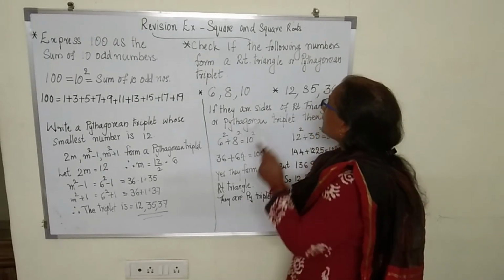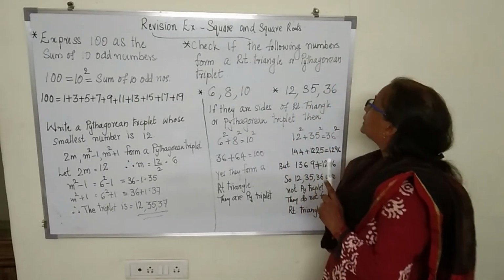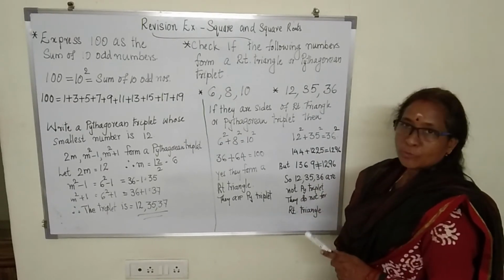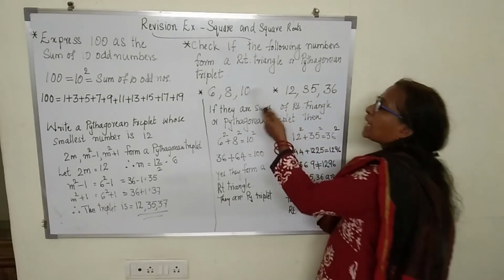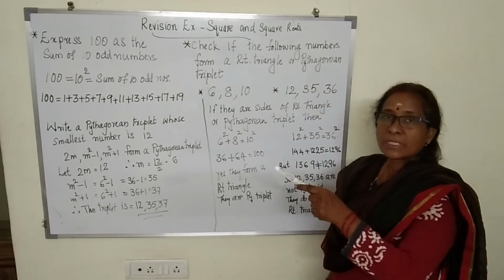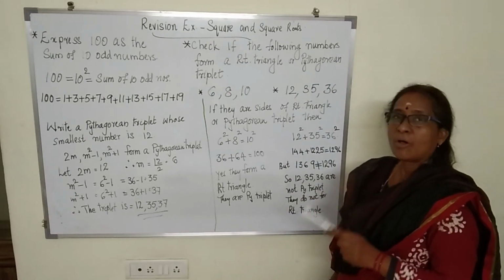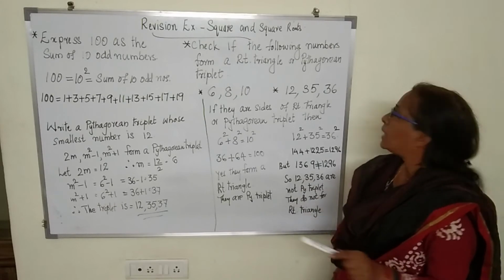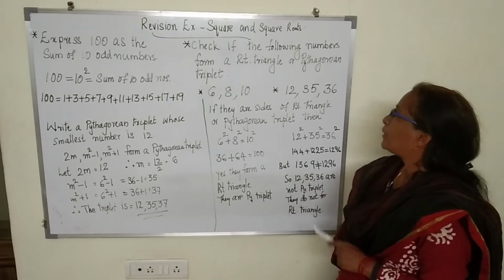Now, check if the following numbers form a right triangle or a Pythagorean triplet. This can be asked in 2 different ways. Maybe they can ask whether they form a right triangle or not, or whether they form a Pythagorean triplet or not.